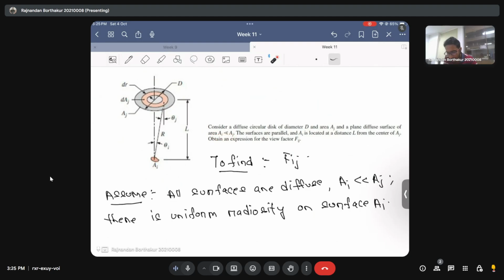The surfaces are parallel, meaning the line joining the centers is along this, which also means the unit normals of these two surfaces are equal and collinear. And Ai is located at a distance L from the center of Aj.